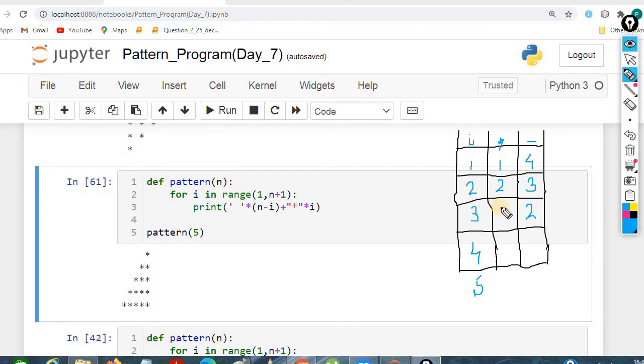How many stars do we have to print? We have to print 3 stars because of i. For the fourth iteration, we are getting n minus i, 5 minus 4, 1 as a space and 4 as stars. For the fifth iteration, we are getting 5 stars and 0 spaces.